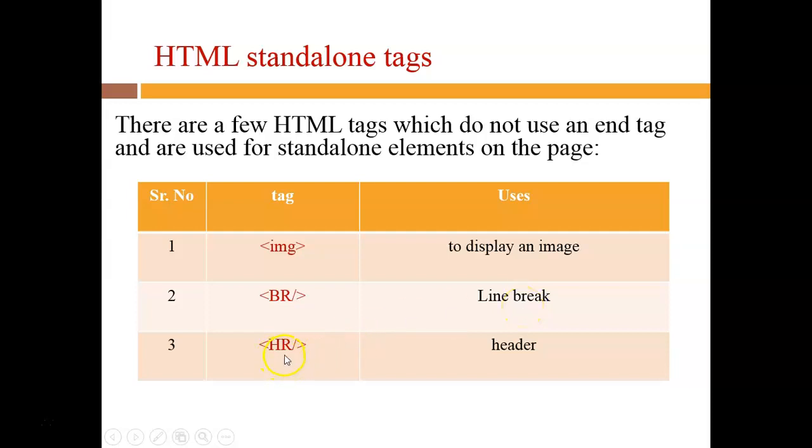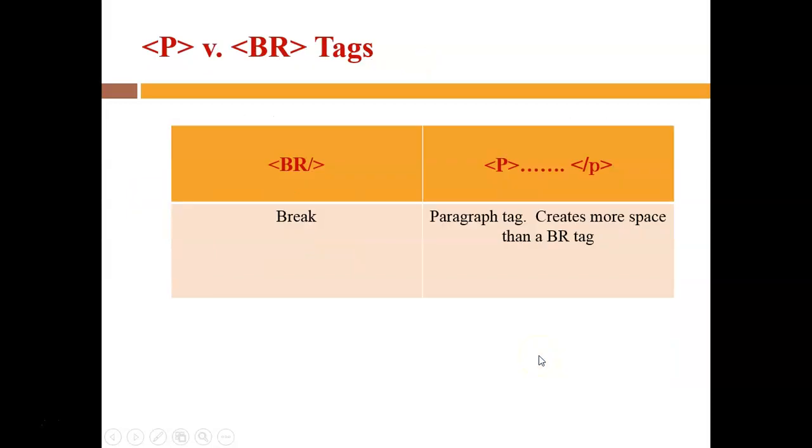Then the HR tag, again with a / at the end, is used for a horizontal line. Now what is the difference between the P tag and BR tag? The BR tag, as we know, is for breaking the line, but the P tag is used as a paragraph tag.